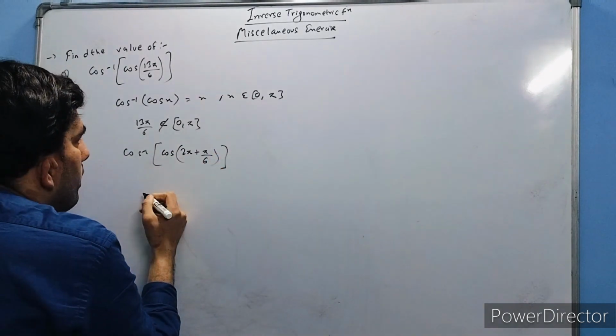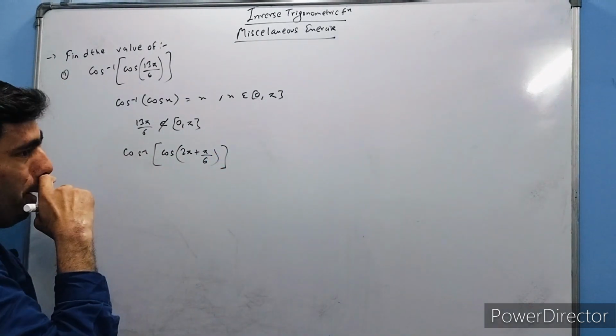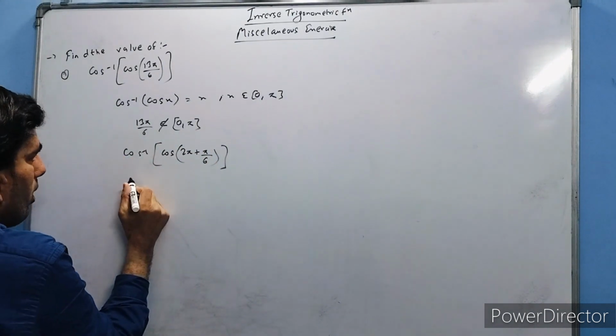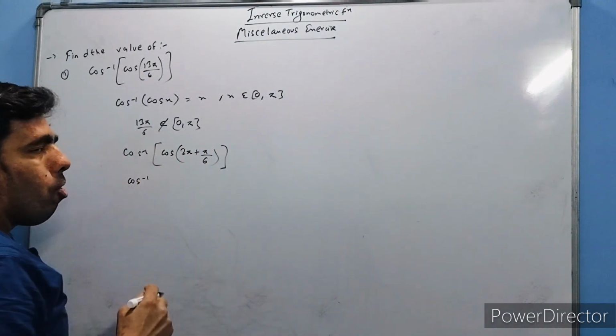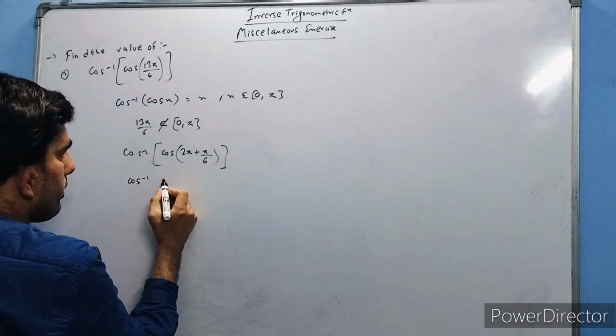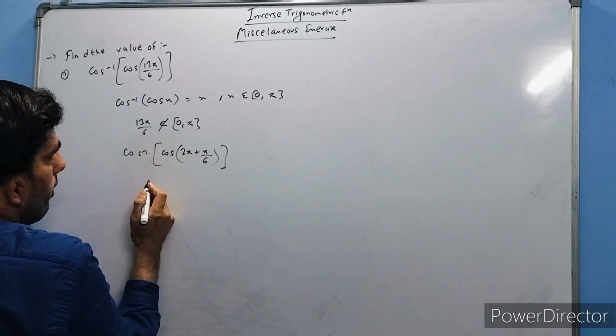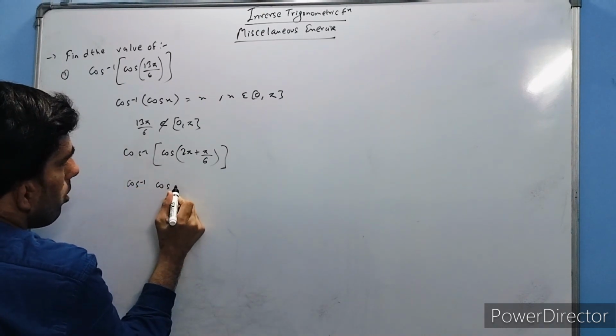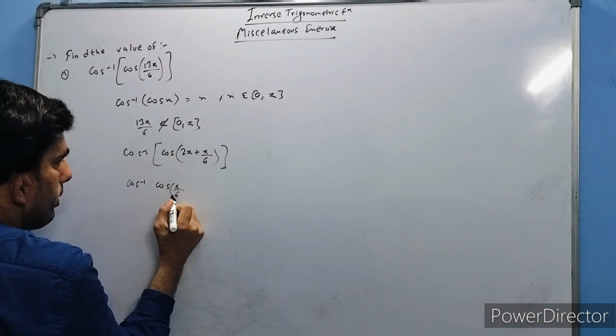We know in that quadrant cos will be positive. So now we'll be left with cos inverse cos pi upon 6.